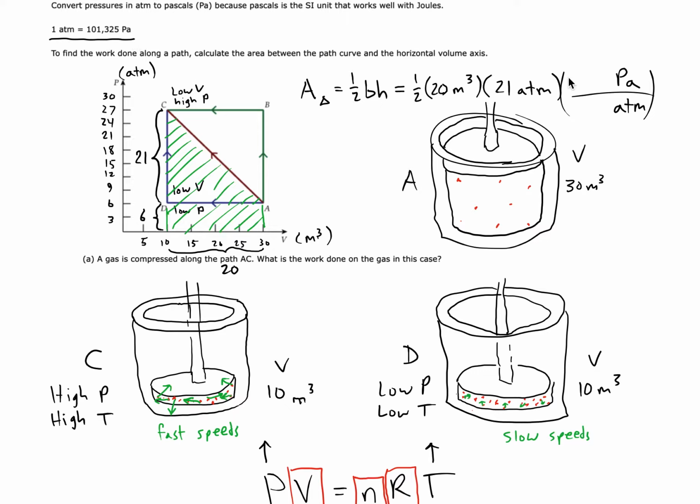It's saying 101,325 pascals is 1 atmosphere. That's atmospheric pressure. So with that in mind, we can now multiply to get the area of the triangle piece.